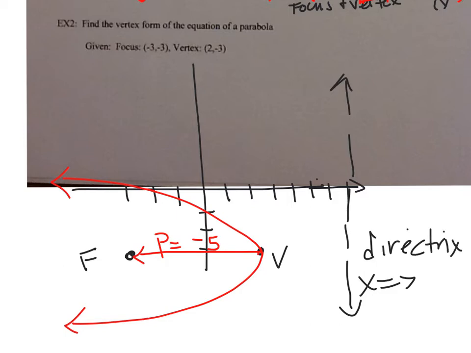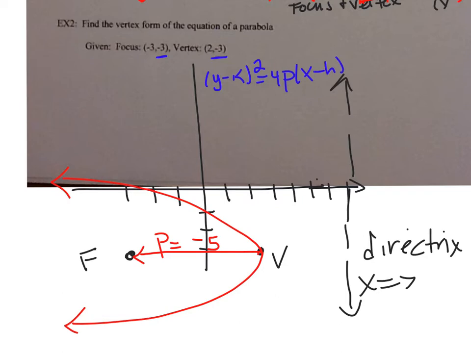All right, so since it's a sideways parabola and my y values are the same, I have to use the other formula, which is (y minus k) squared equals 4p times (x minus h). Now notice it's the y parentheses that's being squared.